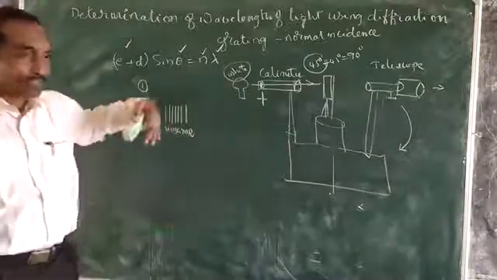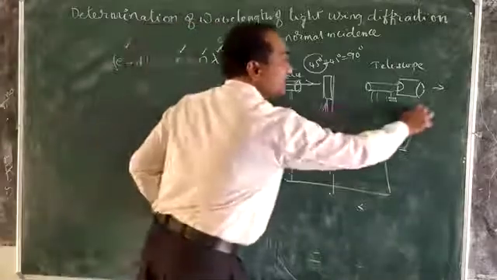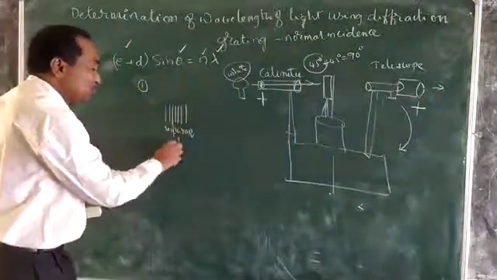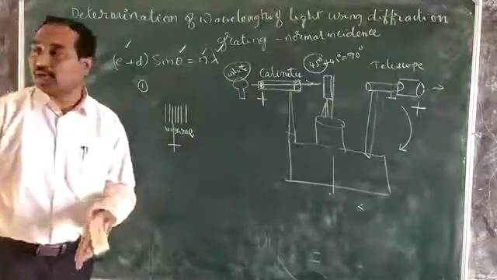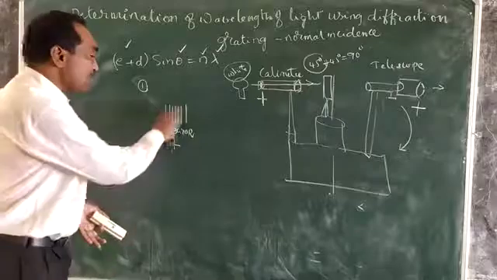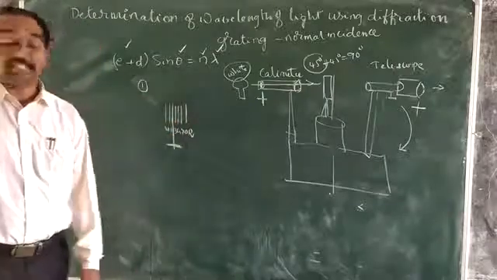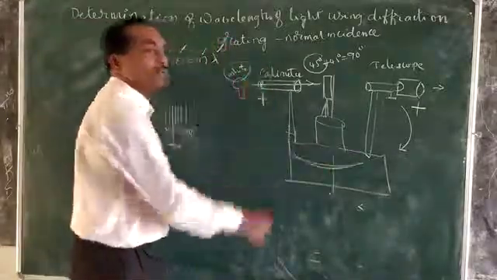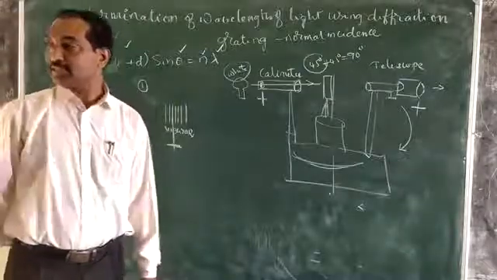at one side. Now we want to concentrate the slit in the telescope onto one of the rays, maybe blue, whatever it is. We want to calculate the wavelength of blue color. The cross wire will coincide with the blue color, and we take the reading on the circular scale of the prism table. There is a circular scale with 360 degrees.